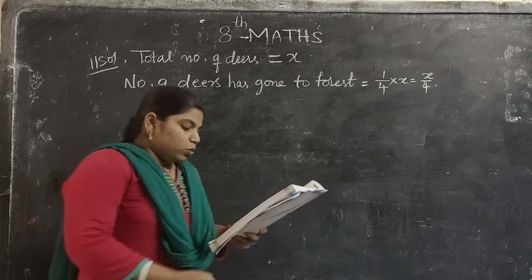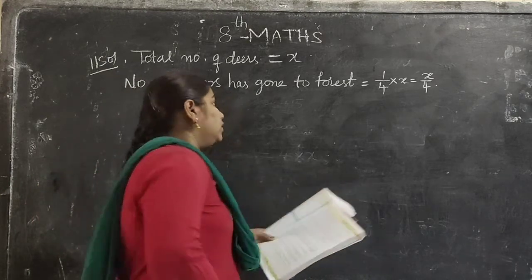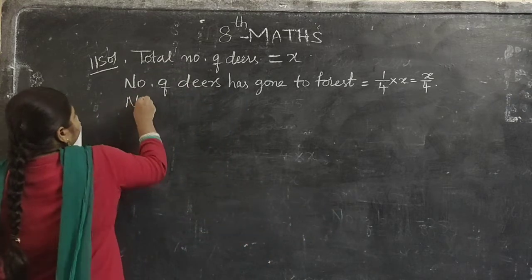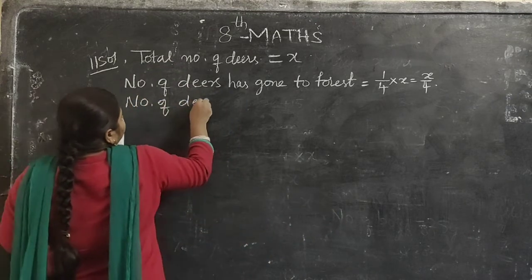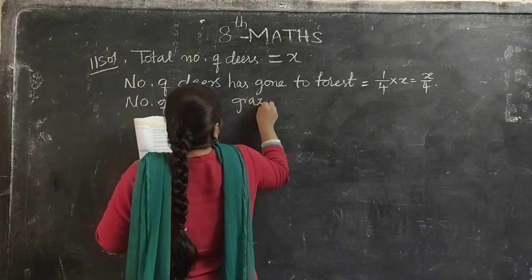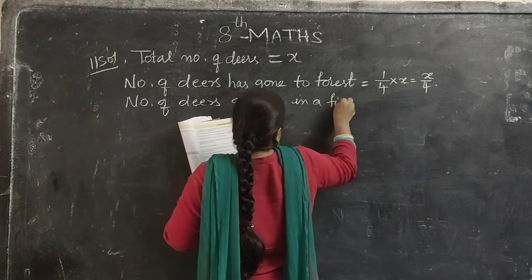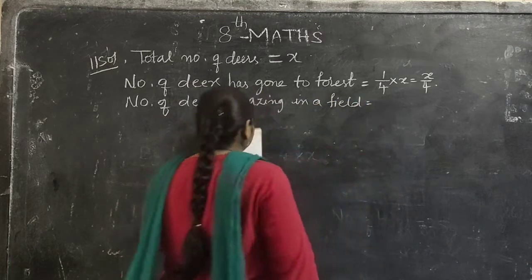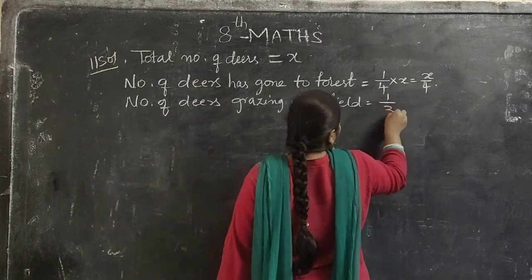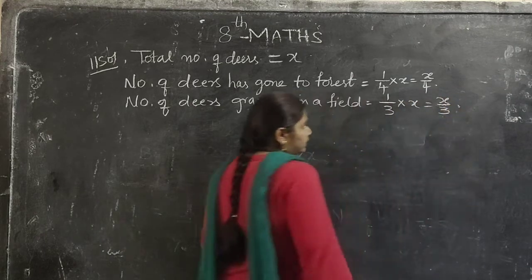Next is what? 1/3 of the total number is grazing in a field. So number of deers grazing in a field are how many? 1/3 of x, that will be equals to x by 3.